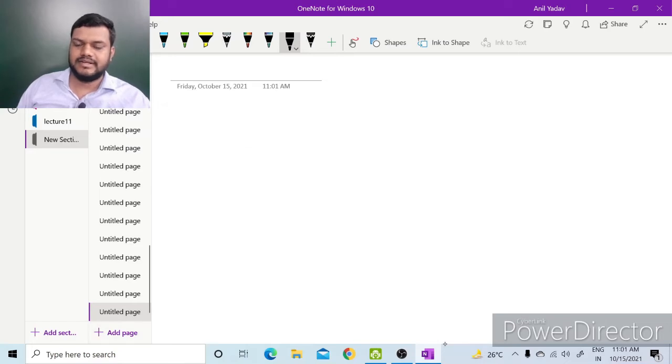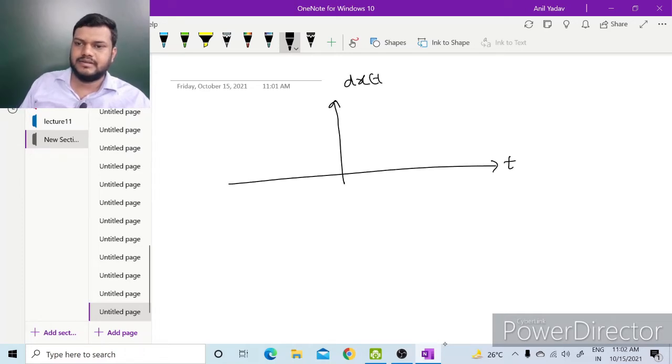So this is our x(t). So differentiation of x(t) in time domain, dx(t)/dt, will be an impulse of amplitude 2 at t equal to 0, and otherwise it will be 0. So we can write dx(t)/dt is 2 delta(t).